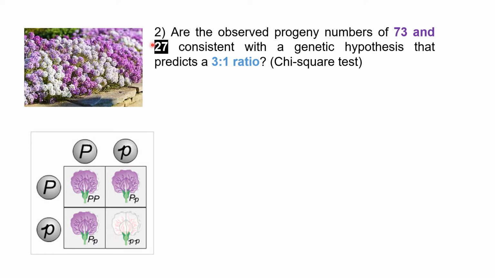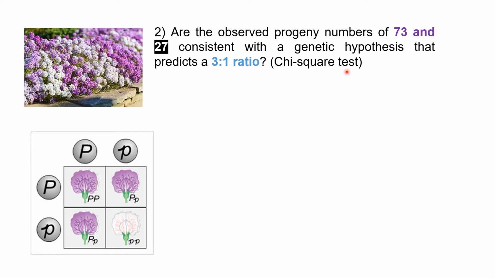So I want you to stop the video and try to answer this question. Are the observed progeny numbers of 73 and 27 consistent with a genetic hypothesis that predicts a 3 to 1 ratio? You need to use the chi-square. You can stop the video and I will solve it in a second.